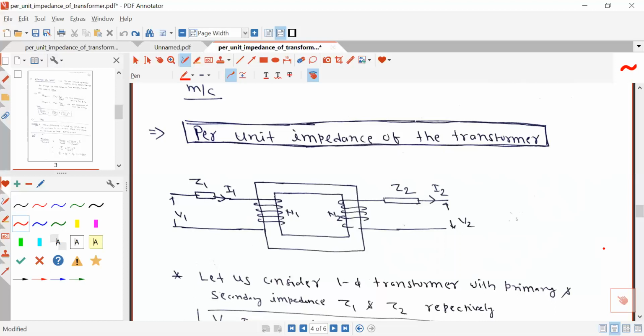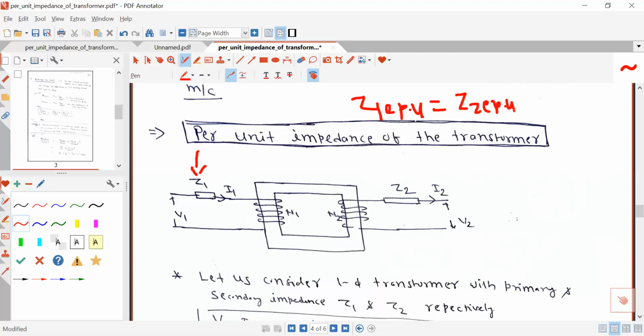And second advantage, you will see in this lecture, that total impedance of the transformer referred to the primary in per unit system will be equal to total impedance of the transformer referred to the secondary.